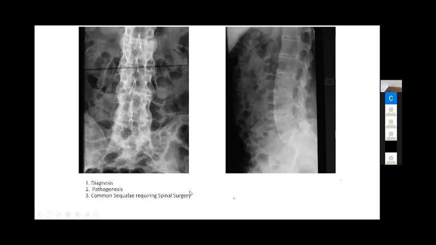What are the common things we operate on these patients in the spine, apart from the hips? Usually these patients have fractures, usually the chance fracture. Unstable fractures.